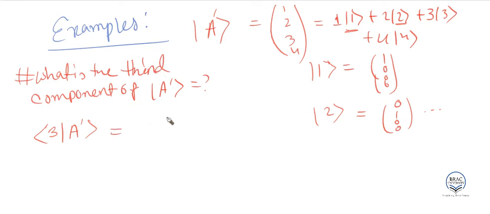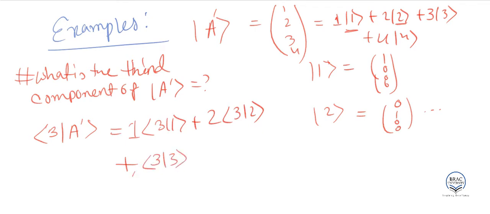So this is easy, right? You just take the inner product: 1 <3|1>, 2 <3|2>, then 3 <3|3>, oops, I forgot to write <3| over here, and 4 <3|4>. So this is just giving you 3, and all of the others will go away because all of them are 0.